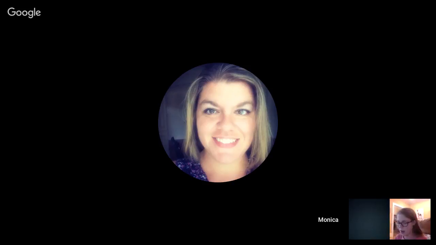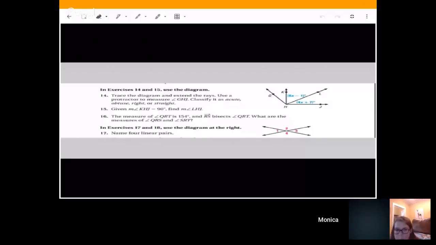Okay, so let me try this. All right, it was 15 and 16. So for 15, you're given that the measure of angle KHJ equals 90 degrees, and it wants you to find the measure of LHJ.